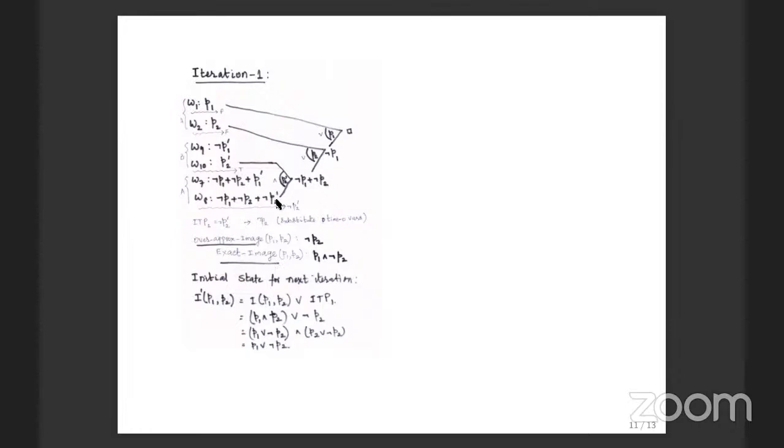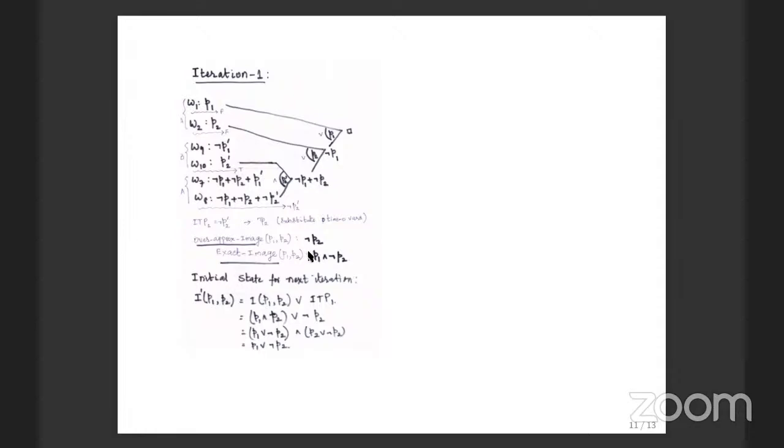For that, you need to know a little bit about resolution graphs, how you get a resolution proof, and so on. So now you have to check this. You go one more step. You combine the over approximation with the initial state.